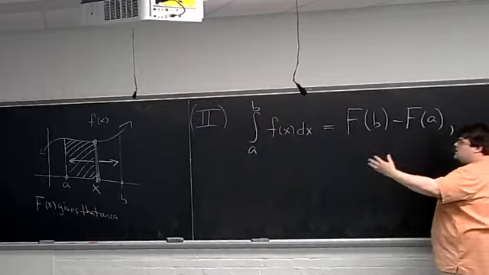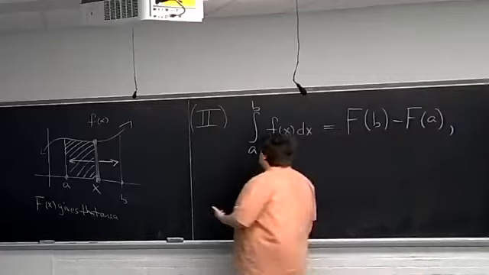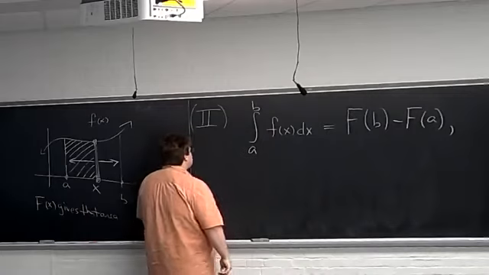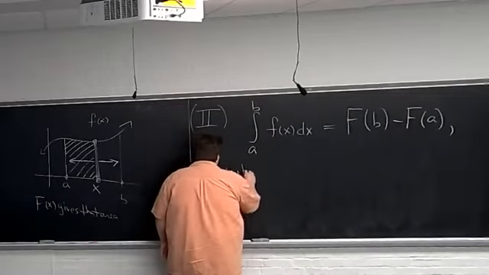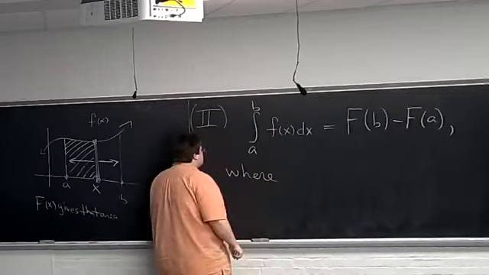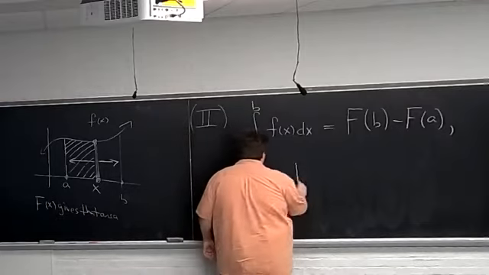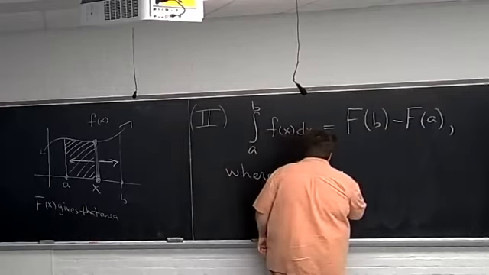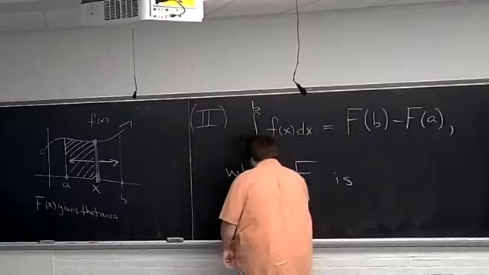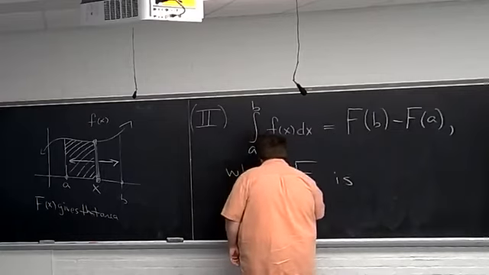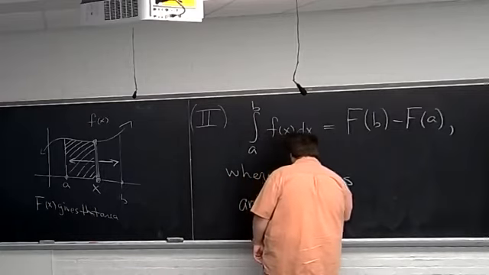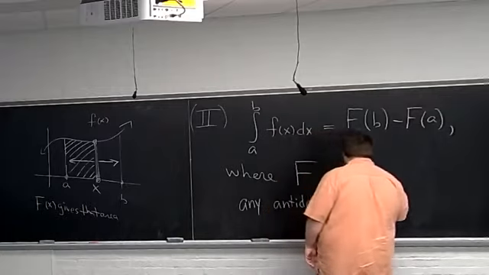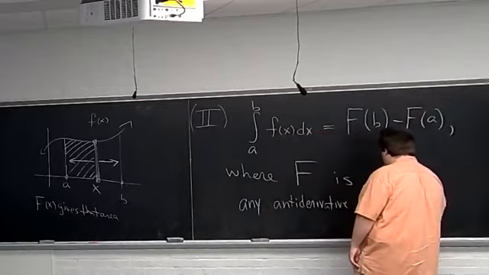On the left side, we have a definite integral. On the right side, we have a new function evaluated at the endpoints, and we're subtracting. What is that new function? Well, the second part says that capital F is any antiderivative of lowercase f.